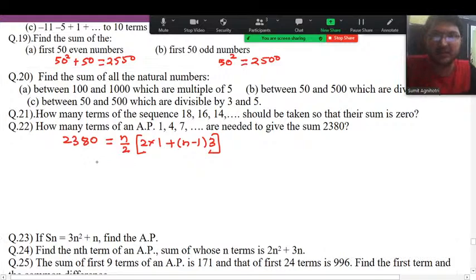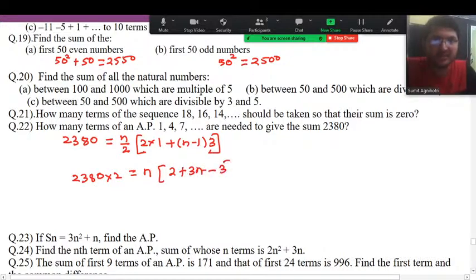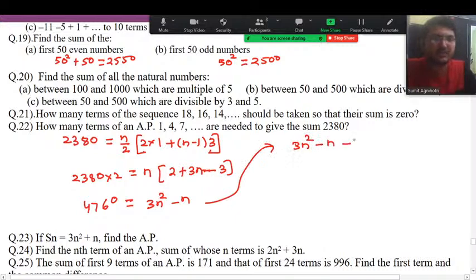and from here what we can do is we can just try solving. Yeah, we need to multiply by 2 on both sides. Here I'm having 2, then I'm having 3n, then it's minus 3, and further 2 times 2380 is 4760, and thrice n squared minus n, which is going to be 3n squared minus n minus 4760 equal to 0.